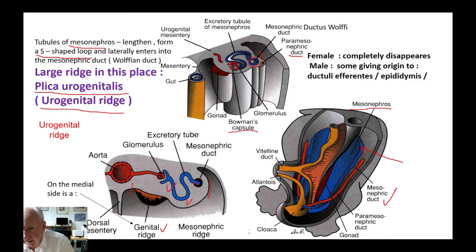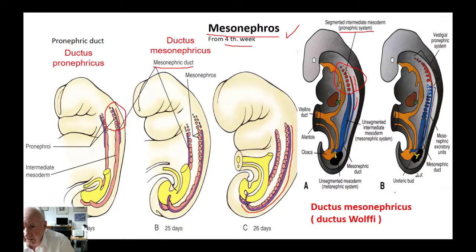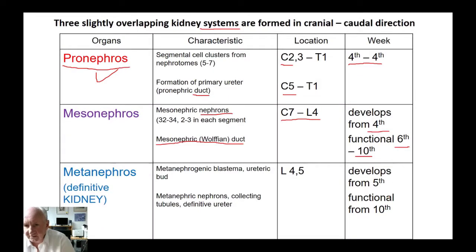Fine. And now we can come slowly to the last system, metanephros. So mesonephros was explained, and you see that the last system is developing from the 5th week, coming into function around the 10th week. You see in which region? Lumbar part.